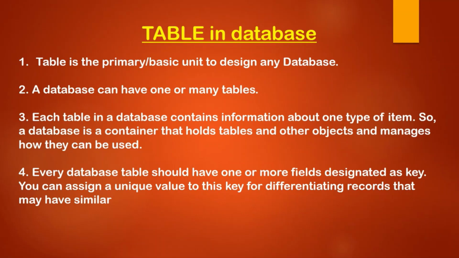So, a table is a very important element of a database, and a database can have one or more tables. Each table in the database contains the information about one type of item, and every database table should have one or more fields designated as key.